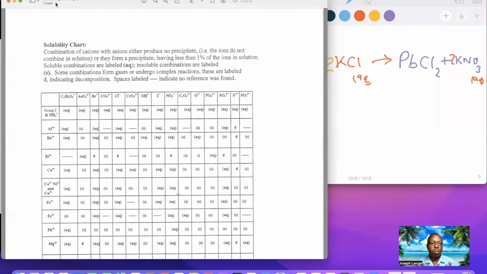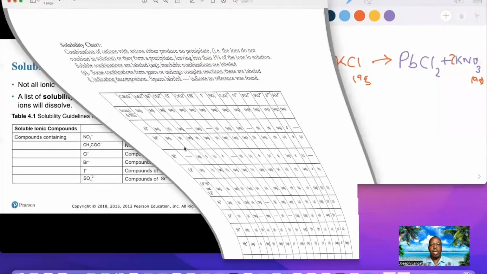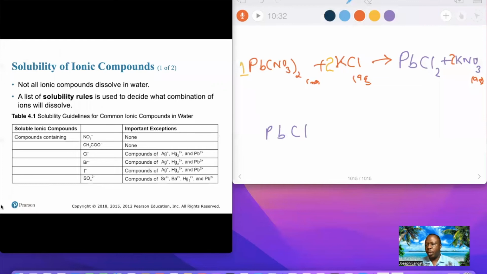Let's go back to our slide here. And on the whiteboard, I will have this as solid. Using that solubility chart, I predicted that the product PbCl2 is solid, unless you memorize the rule: lead 2 chloride is insoluble, therefore it's solid.